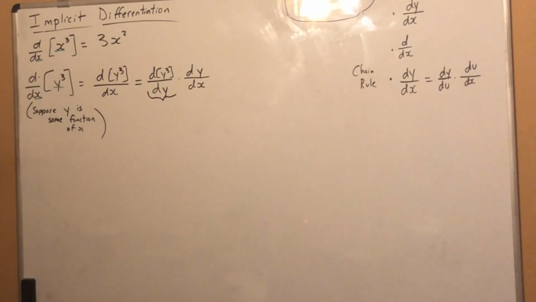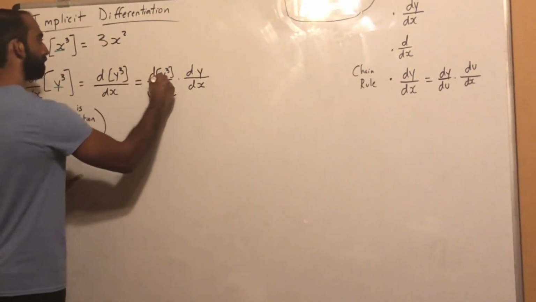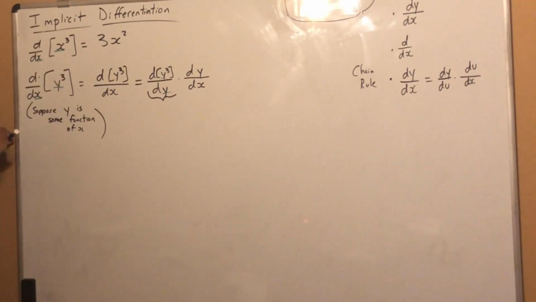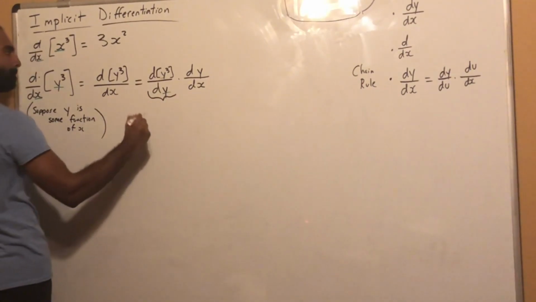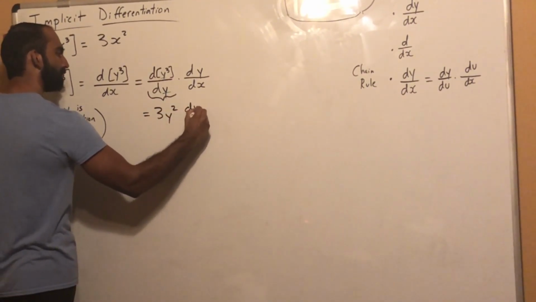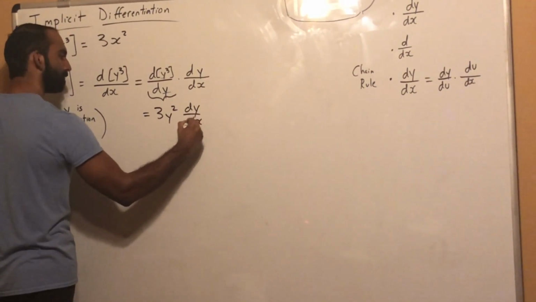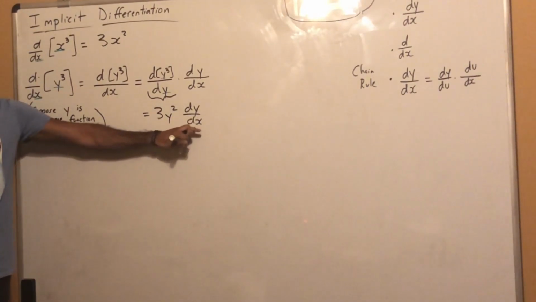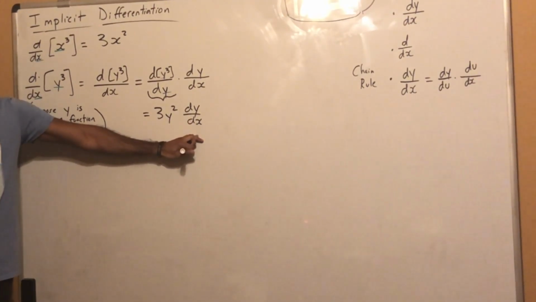How can I simplify that? See, now the variables match. That guy matches that guy, just like I did here. So this whole thing equals what? 3y squared. Yes. 3y squared times that dy over dx hanging off the side. And we can't do anything more with that, so we just leave it as is.